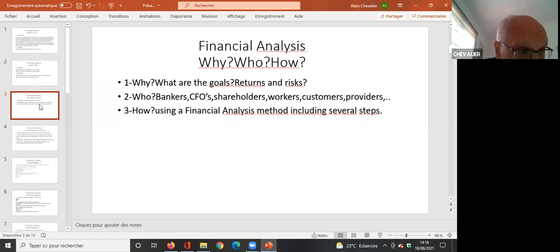CFOs use financial analysis and develop financial analysis of their own firm, their departments, their subsidiaries, their competitors also. Shareholders, of course, are interested by financial analysis and particularly by the potential returns of the company they are invested in.